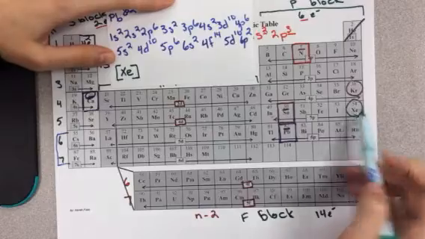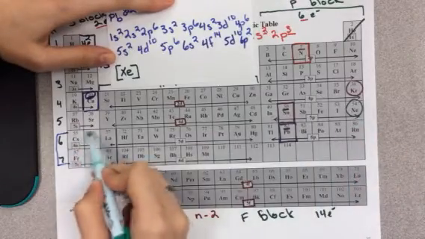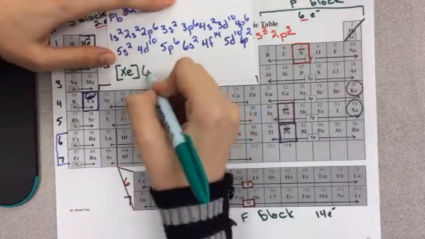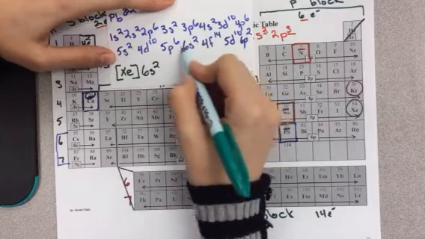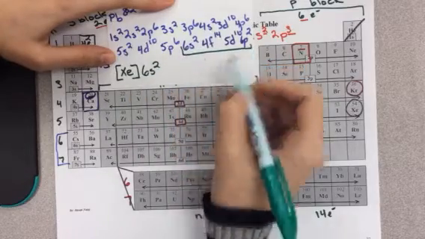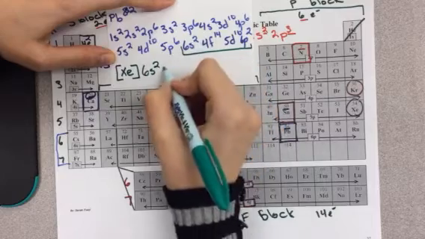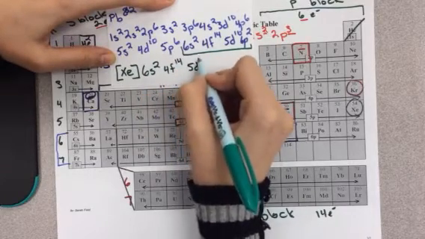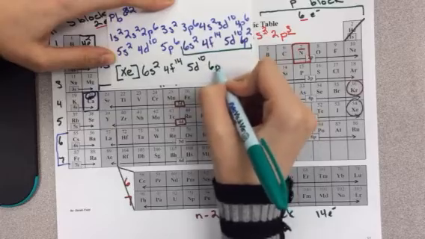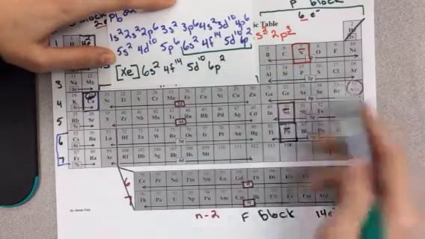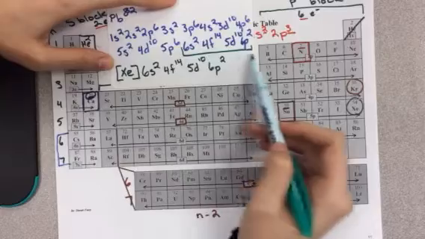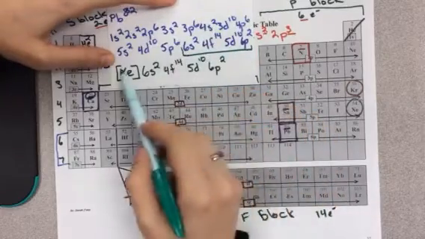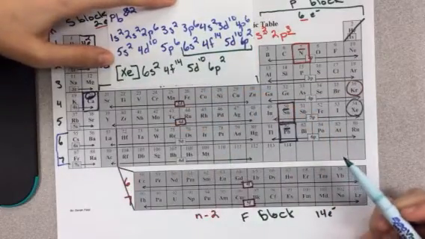And then you start with this energy level, this 6s2. So really, the only thing that goes into the noble gas configuration is the 6s2, 4f14, 5d10, 6p2. So here you have your full electron configuration, and here you have your abbreviated noble gas configuration.